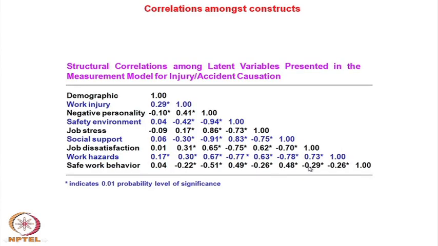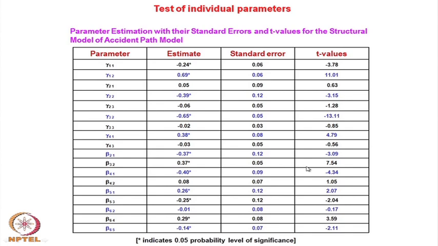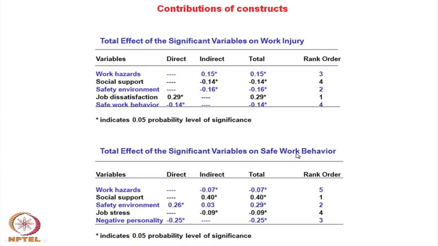So, my model fits the data very well, and using this structural equation model you will be able to find the total effect, that is direct effect plus indirect effect, and based on the effect you can rank the variables.